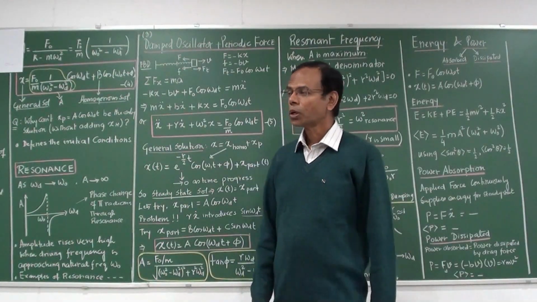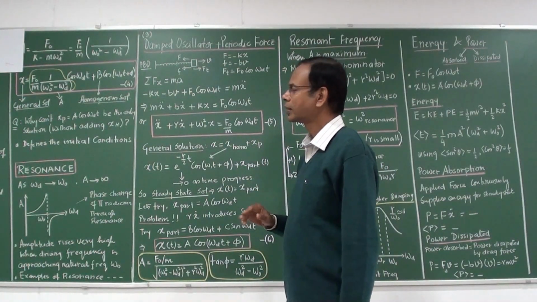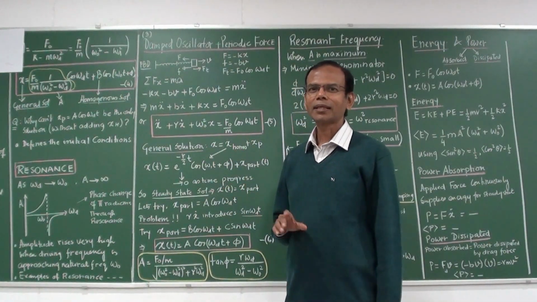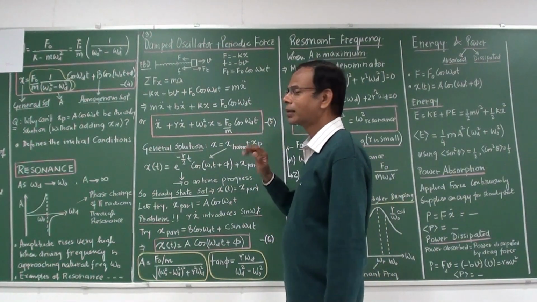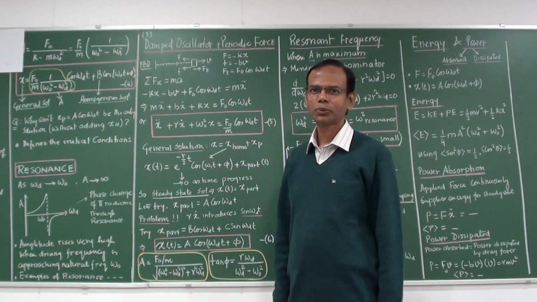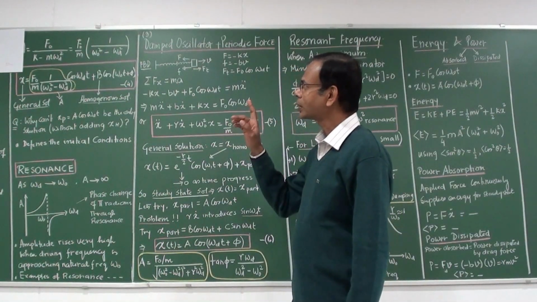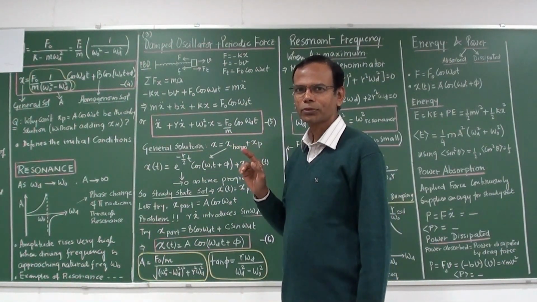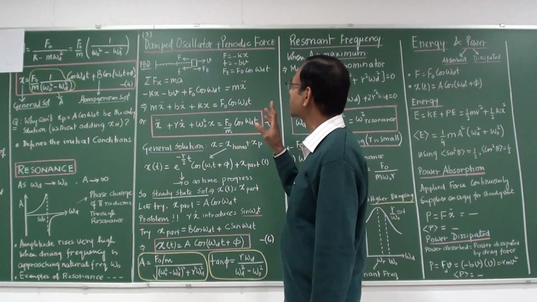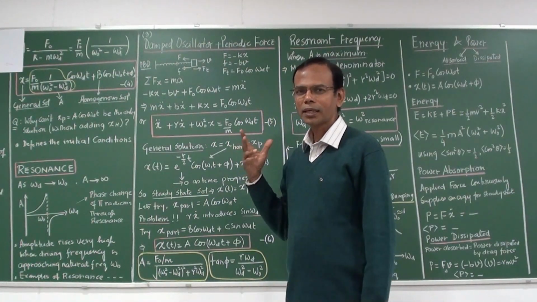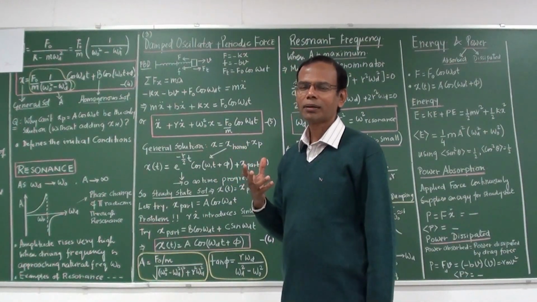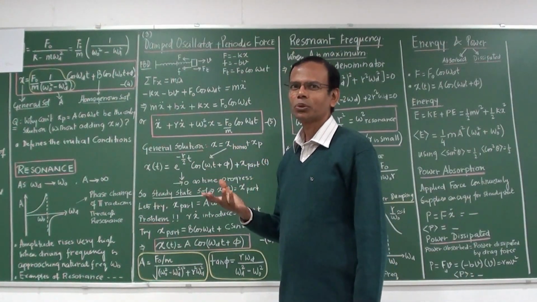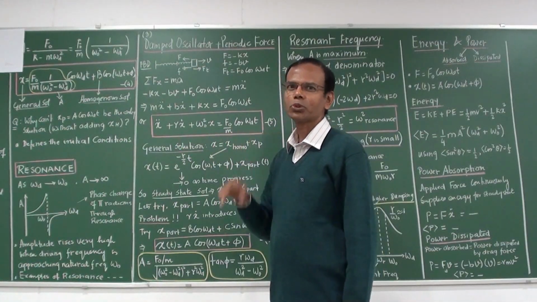So now we go to the last part of the three, and that is the most interesting part. We have done the undamped oscillator plus periodic force, so now the damped oscillator plus periodic force. And there we will see that when the damping constant gamma becomes 0, it approaches case 2.